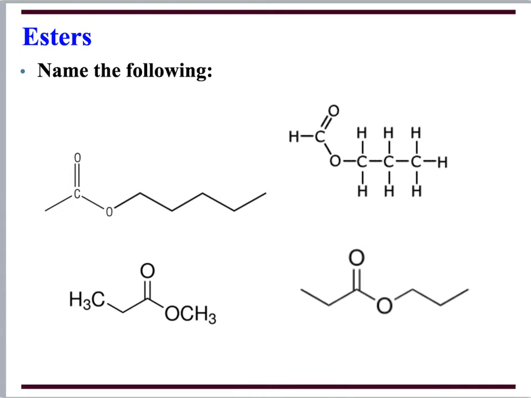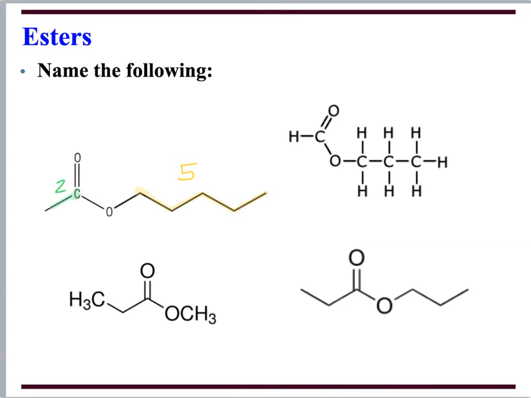Taking a look at the first example, if I'm counting my number of carbons, I've got 1, 2, 3, 4, 5, so 5 carbons on that side. On the other side, I count that carbon that has the double bond O, and that gives me 2 carbons.